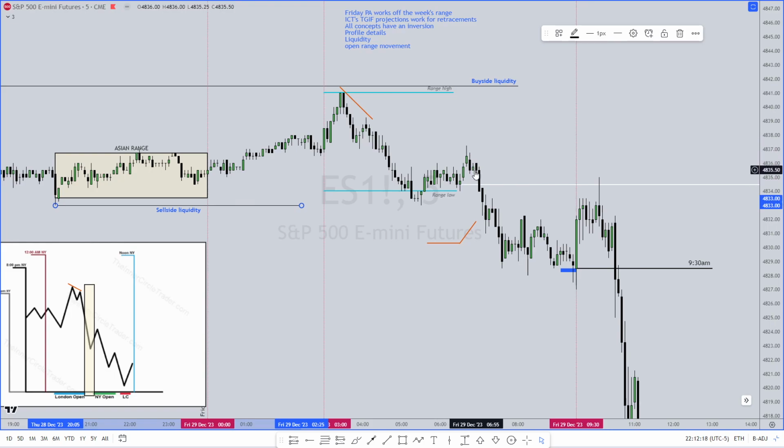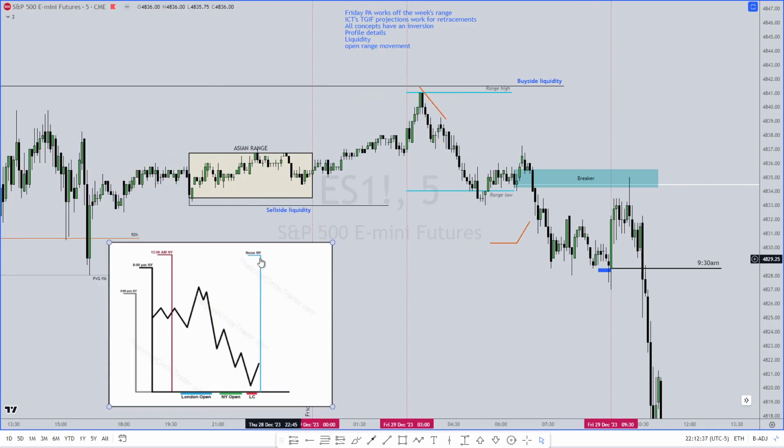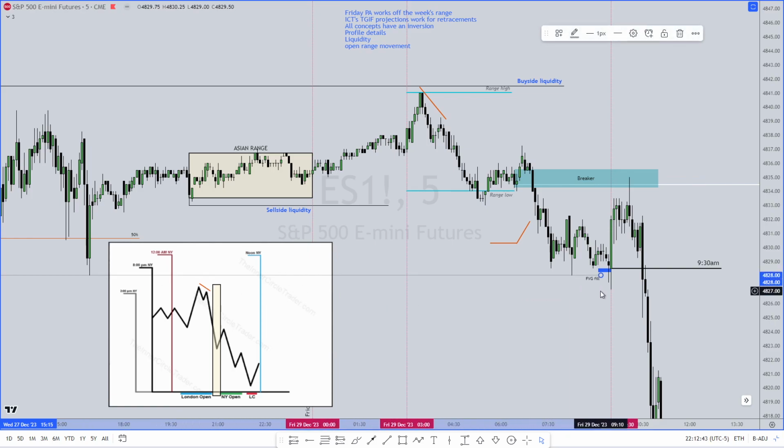But as soon as this price action fails, we get our breaker. And in fact, we get that breaker knowing that we've got the TGIF levels in mind, and knowing that throughout this price action, we're now retesting that same fair value gap back on the 15-minute time frame.